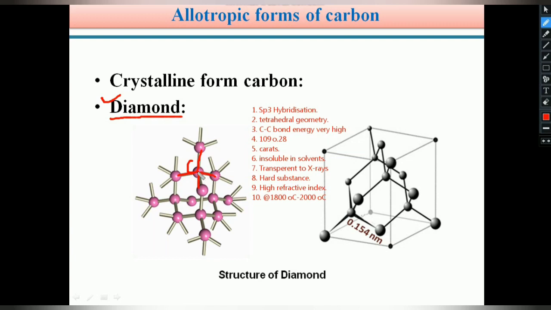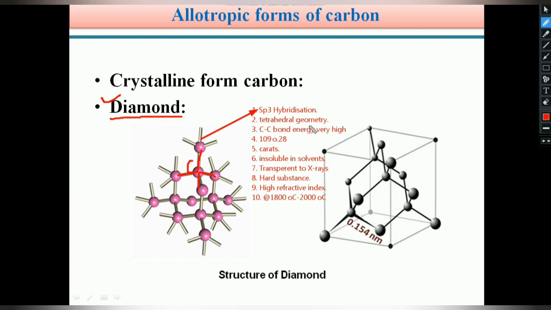So carbon in diamond forms four single covalent bonds. The hybridization of carbon in diamond is sp3 hybridization, and whenever it is sp3 hybridization, the geometry is tetrahedral geometry.